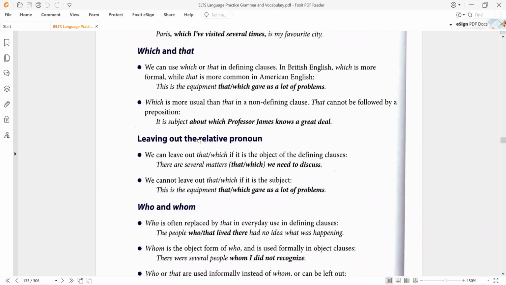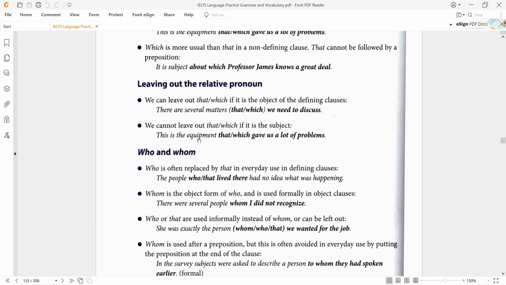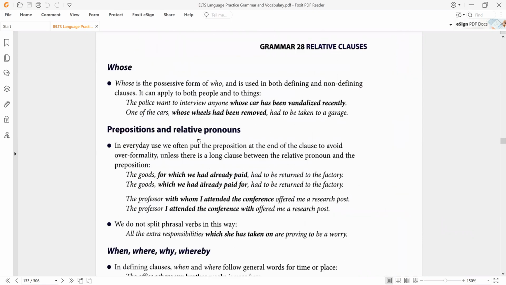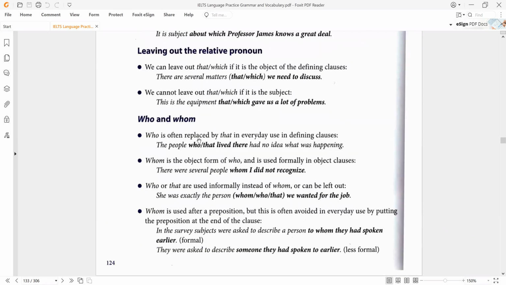Okay, now, who and whom? Just to make it clear from here, who, we talk about people, who and whom. Who is less formal than whom. هذه more formal.